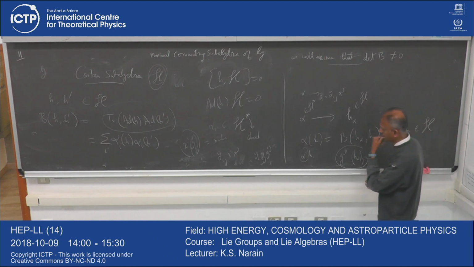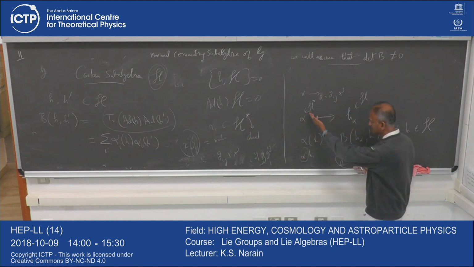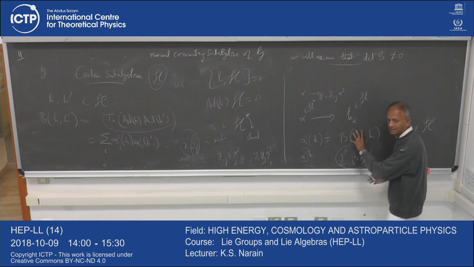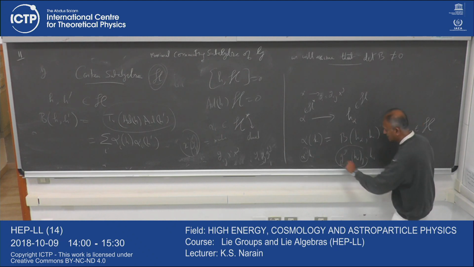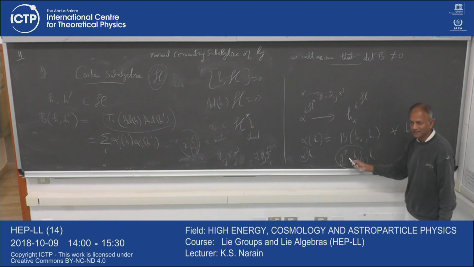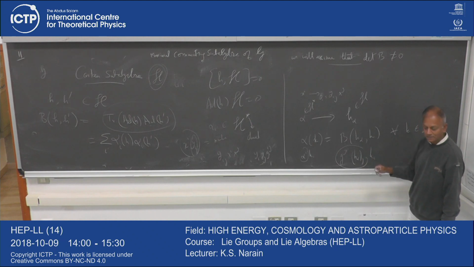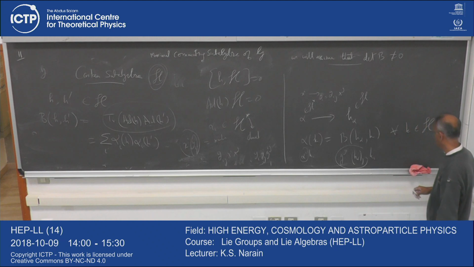So if you have a root, some root which is in the dual vector space, to that root I'm associating a unique element of h which satisfies this property. I mean, this kind of map will always satisfy the property, right? That's why it's important that the inverse exists, otherwise this will not go through. So you need to have a one-to-one map. So for that, you need the inverses.